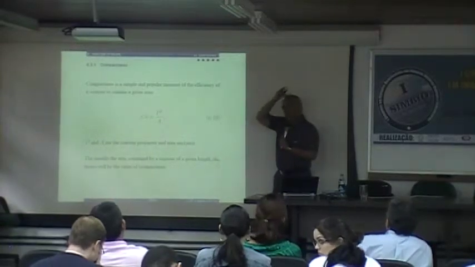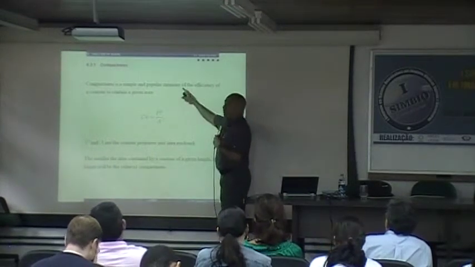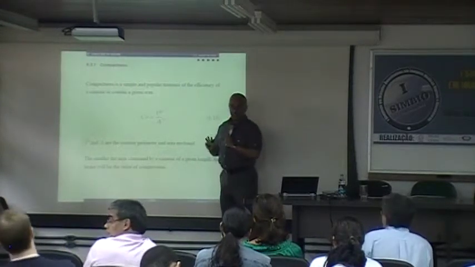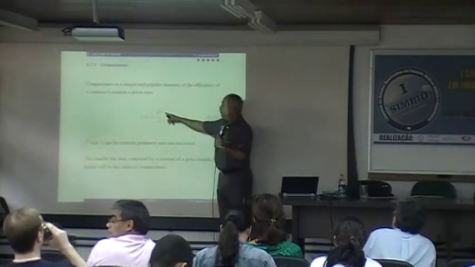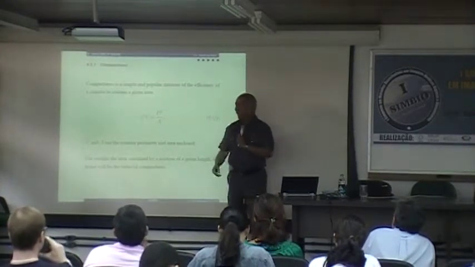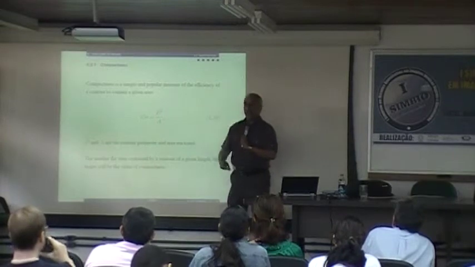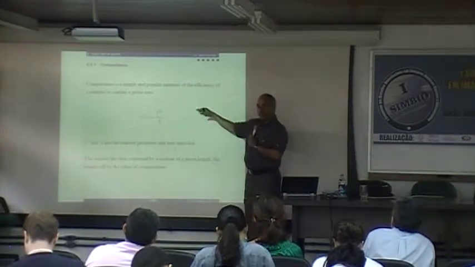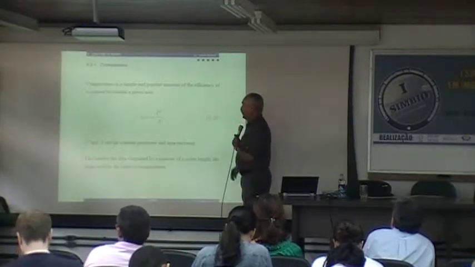Another measure that is very commonly used in many applications is compactness. Compactness is defined in a few different ways, but the most common definition is P squared over A. P is perimeter or length of the contour, and A is the area inside the contour. It's very simple, but it works in many applications, as I'll show you.